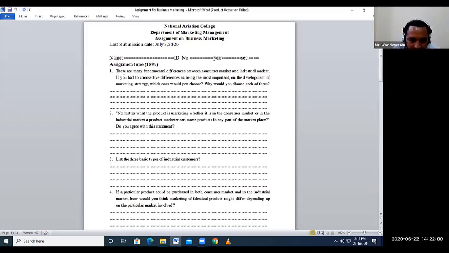Inelastic means whenever you increase the price, the demand may not change significantly. Or if you decrease the price, the demand may not significantly increase, because demand and price are inelastic. So when we set a price for an industrial product, what factors should be considered?